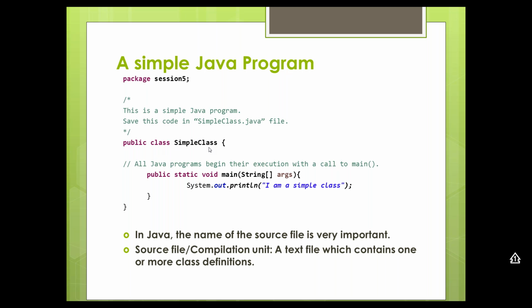So the name of the file in which we are going to save this code should be SimpleClass.java. This is the name of the file where I am going to save this particular source code, which is nothing but a compilation unit. This is very, very important.